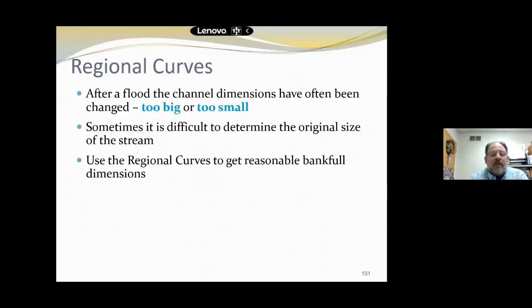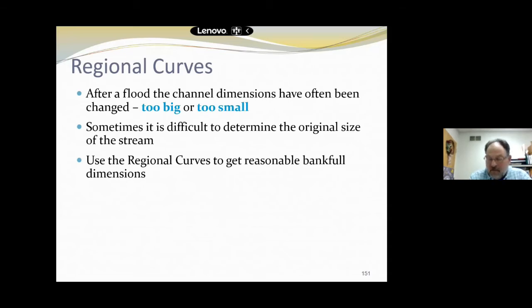Generally speaking, after a flood, channel dimensions have often been changed. Either they're too big or too small, or there's just something different going on, and we need to see how they fit the regional curve charts.